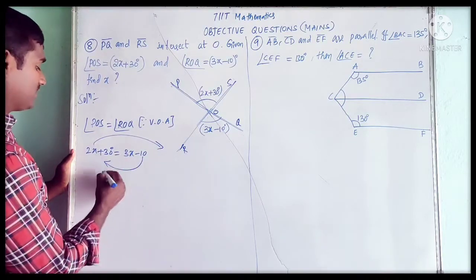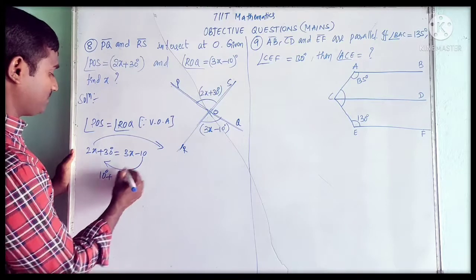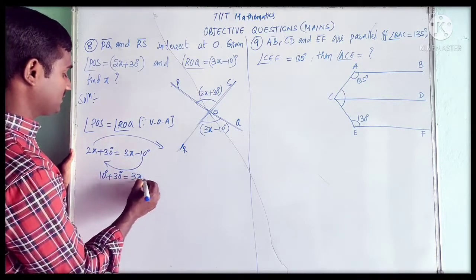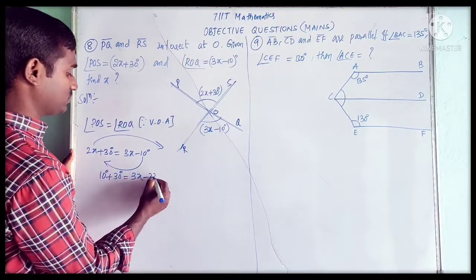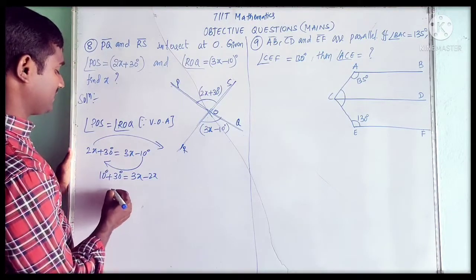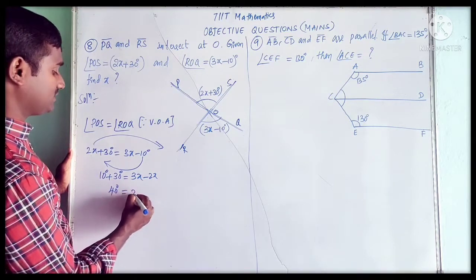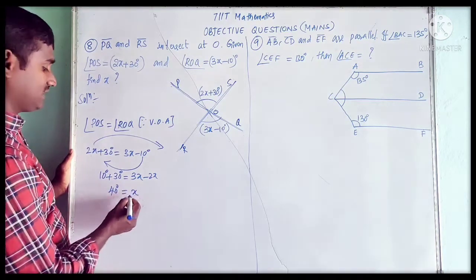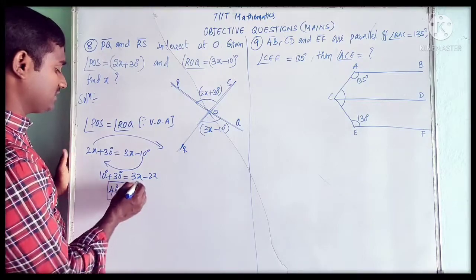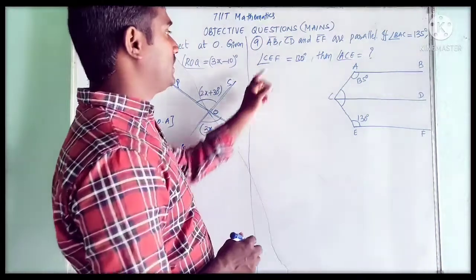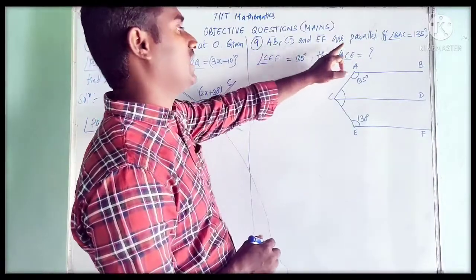Minus 10 becomes plus 10, so 10 degrees plus 30 degrees equals 3x, and plus 2x becomes minus 2x. So 40 degrees equals 3x minus 2x, which is x. So the x value we got is 40 degrees.